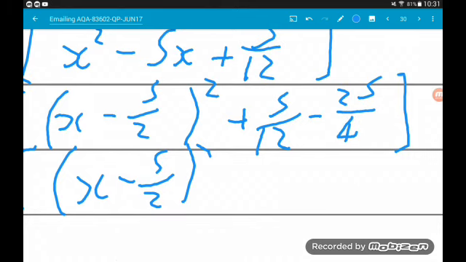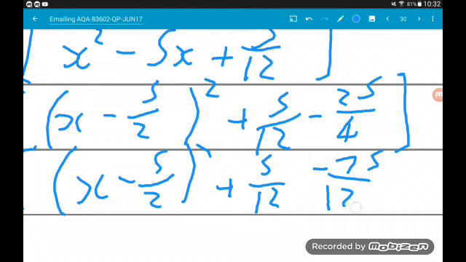So we've got 5 twelfths. Now we need to turn 25 quarters into twelfths. So we do that by multiplying the top and bottom by 3. So we then got minus 75 twelfths, like that.